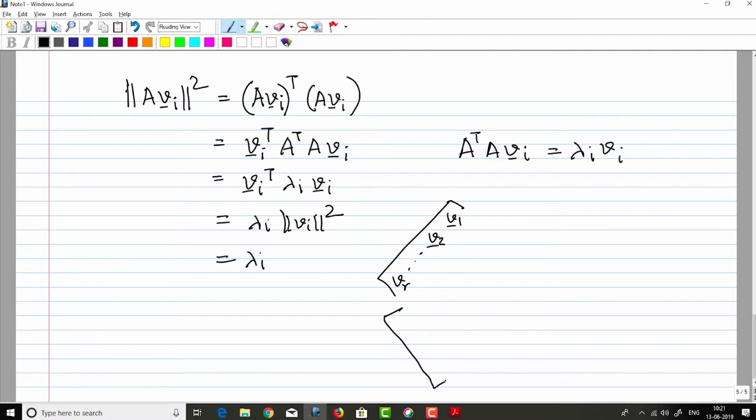We'll also have this orthonormal set of eigenvectors corresponding to Vr plus 1 to Vn. These are the singular vectors of A transpose A. So we have n orthonormal eigenvectors, and we have this corresponding to AV.